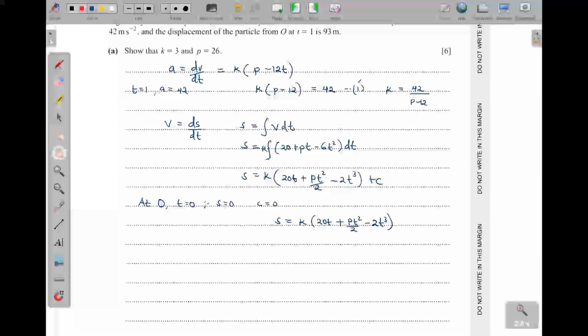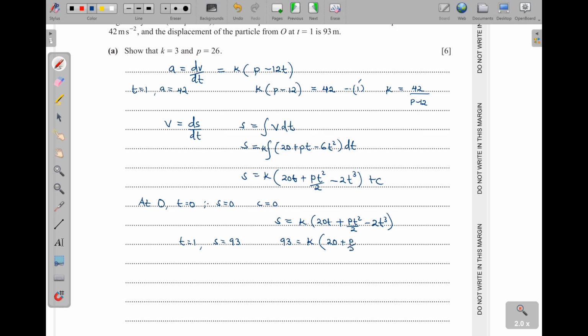Then they said that at t is equal to 1, the displacement is 93. So at t is equal to 1, s is equal to 93. So put 93 here, then this is k. Of course, here we'll have 20, then p over 2, and then this is 2. k into (20 minus 2, that is 18, plus p over 2) is equivalent to 93.